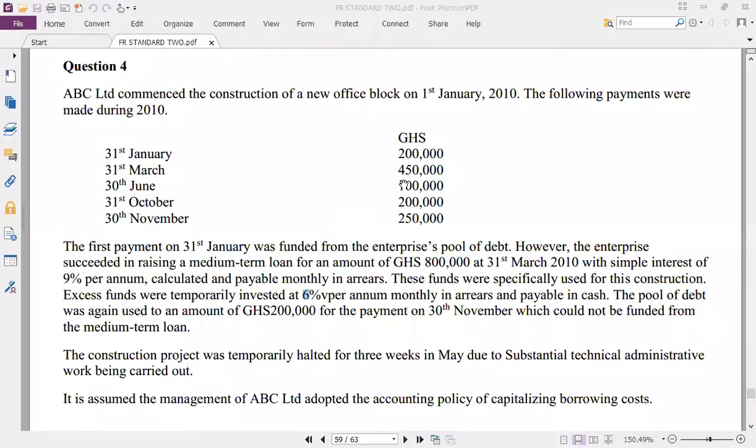Again, on 30th June, they took 100 out of the 350 remaining, so that leaves 250. That 250 will be free until 31st October. So how many months from 30th June to 31st October? That would be July, August, September, and October.